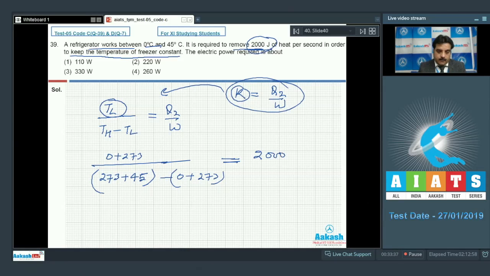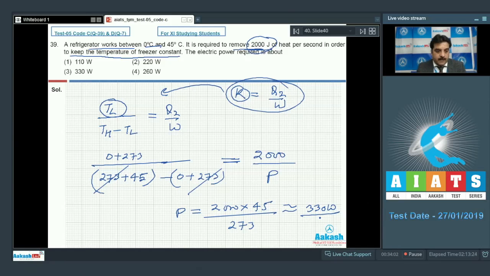So you will write here 2000 and divide by W, meaning power. So 273 and 273 you can cancel. So power P is equal to 2000 into 45 divided by 273. Approximately you will find 330 watt. So I can say option number 3 will be the right choice.